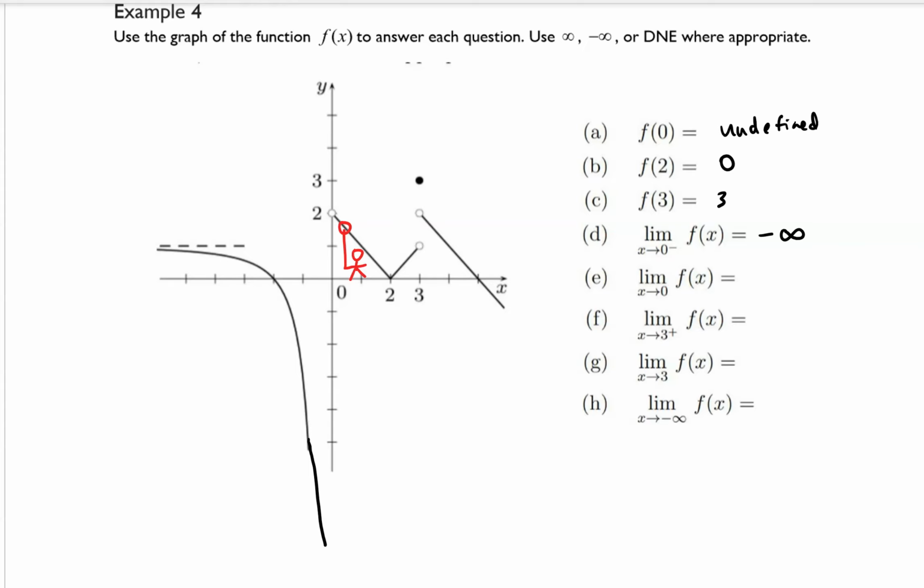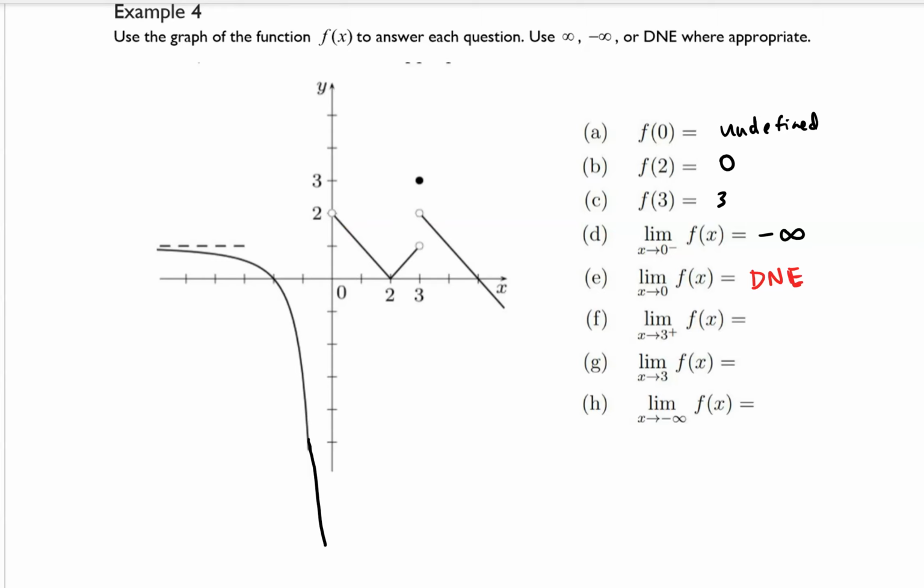However, it's asking for just 0 overall. Because the left-handed limit and the right-handed limit are not the same value, this is a does not exist scenario. So that's just a flat out does not exist.